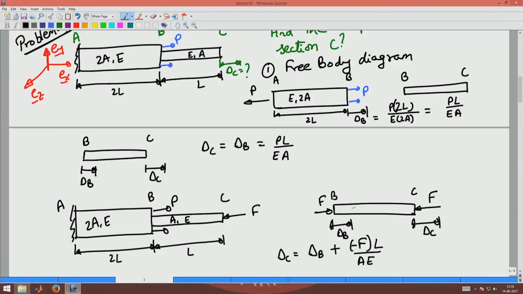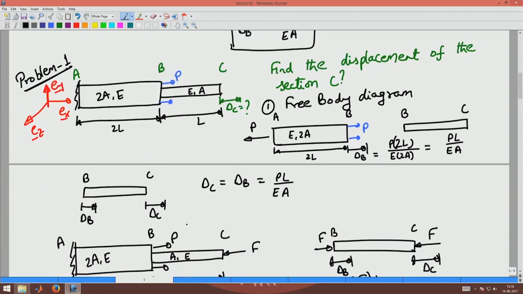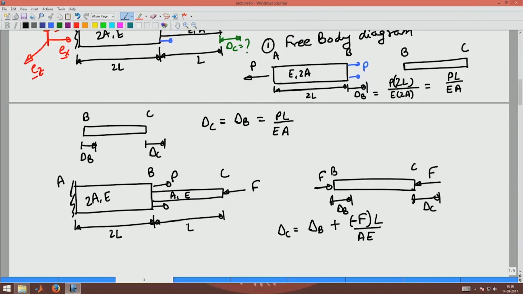This member BC is of length L, it has a cross sectional area of A and Young's modulus E. So, from our previous discussion, delta B is PL by EA for applied tensile load. Here I am applying a compressive load, so that is why it is negative, minus F into L by AE.